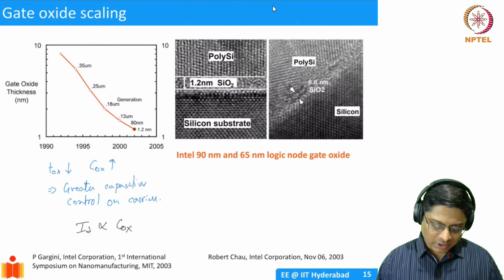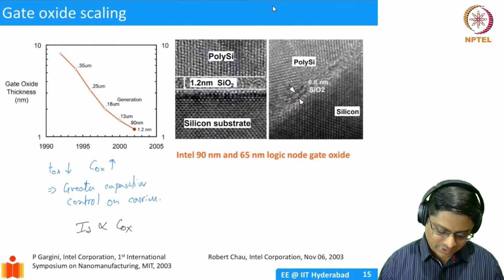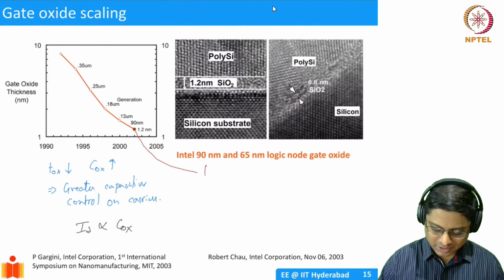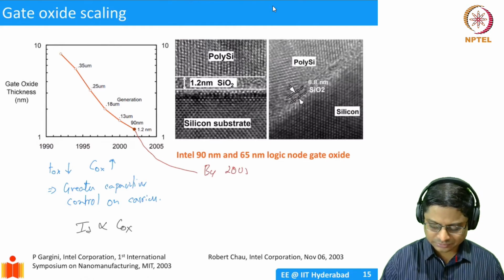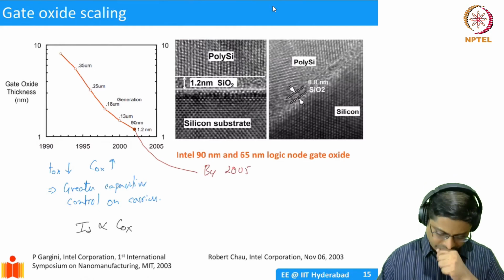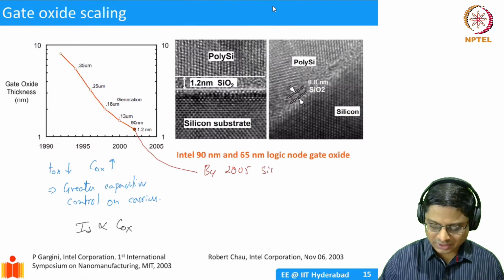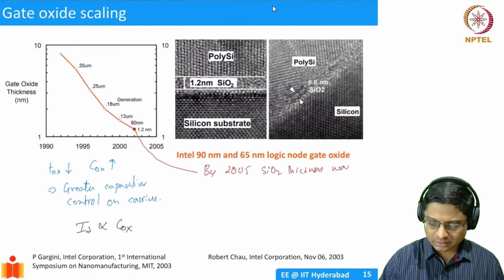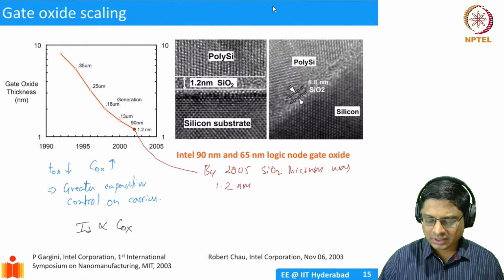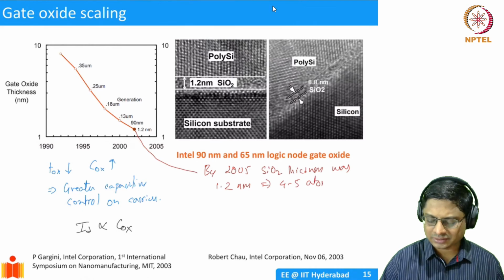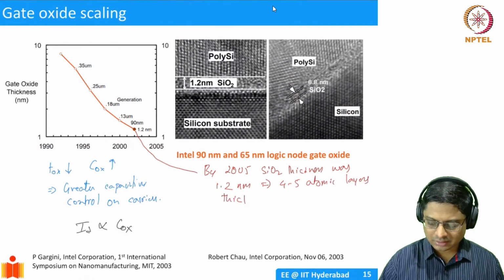Now what happened was, as you do this, by the year 2007, I would say even 2005, the SiO2 thickness was 1.2 nanometers. This implies that it's essentially 4 to 5 monolayers, 4 to 5 atomic layers thick. I mentioned this fact already.